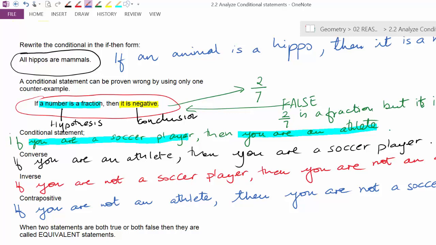So what we've done here is we've taken a conditional and written 3 other forms of it: the converse, switch hypothesis and conclusion; the inverse, negate hypothesis and conclusion; the contrapositive, switch hypothesis and conclusion and negate them both.